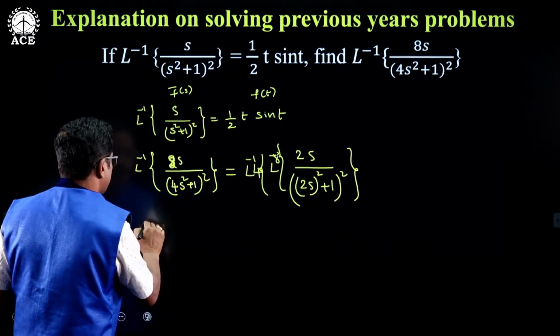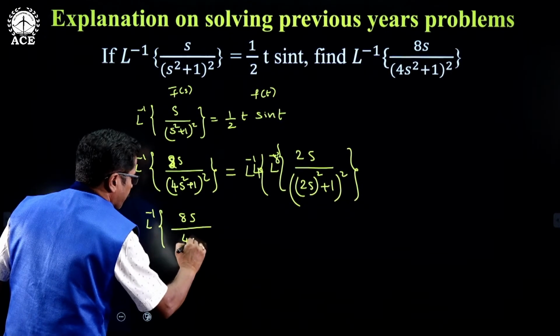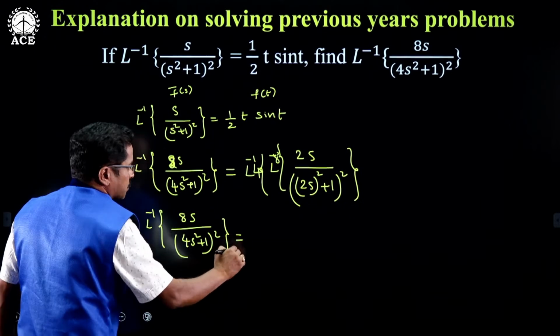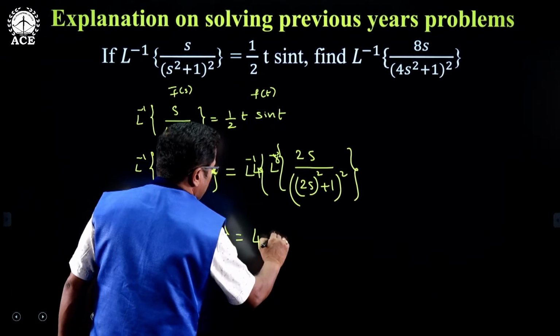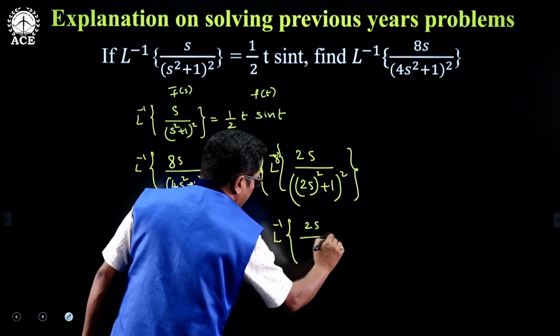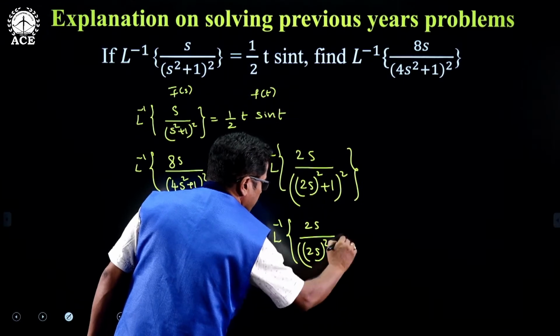Means L inverse of 8s by 4s square plus 1 whole square is equal to 4 into L inverse of 2s by 2s whole square plus 1 whole square.